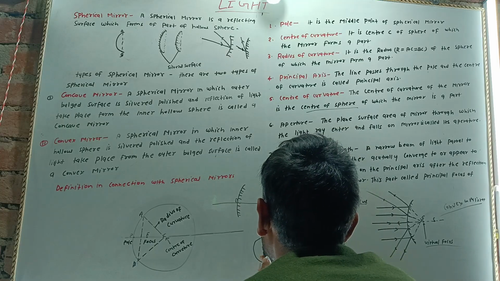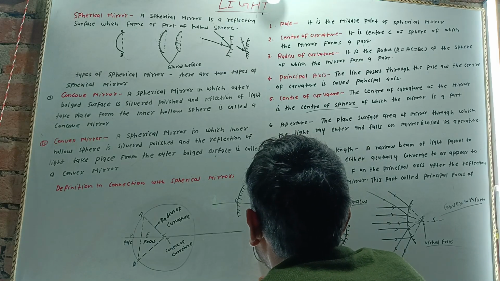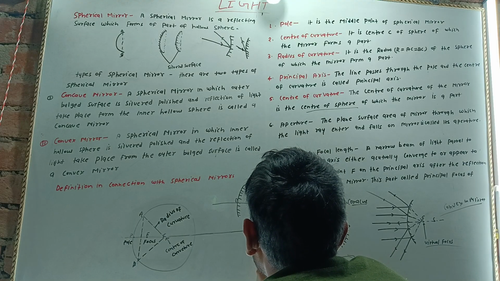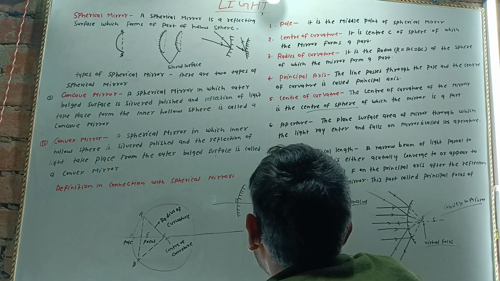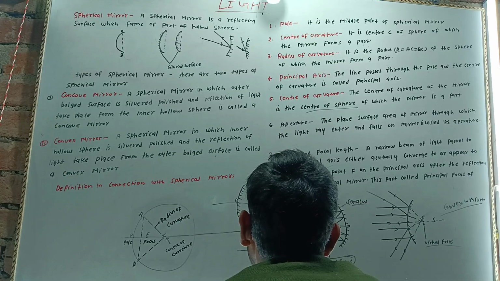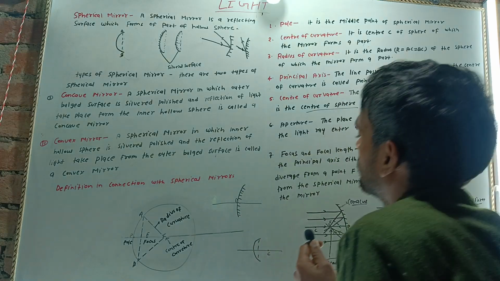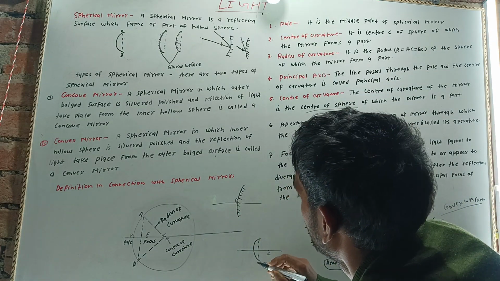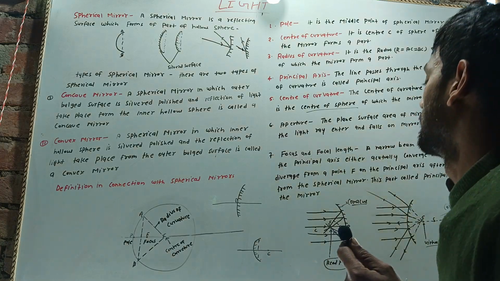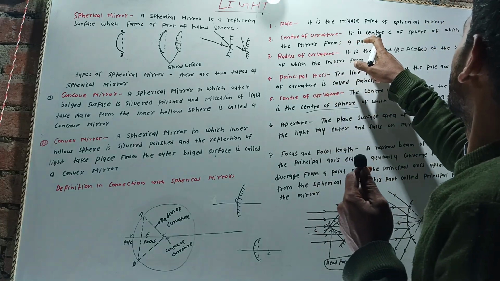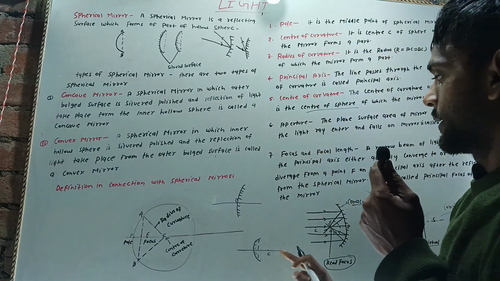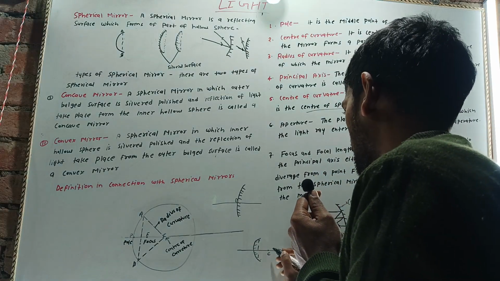Suppose I am cutting this part of the sphere with a dotted line. What is its center? It is also the center C. Let us take the convex mirror. It is the center of the sphere of which the mirror forms a part.